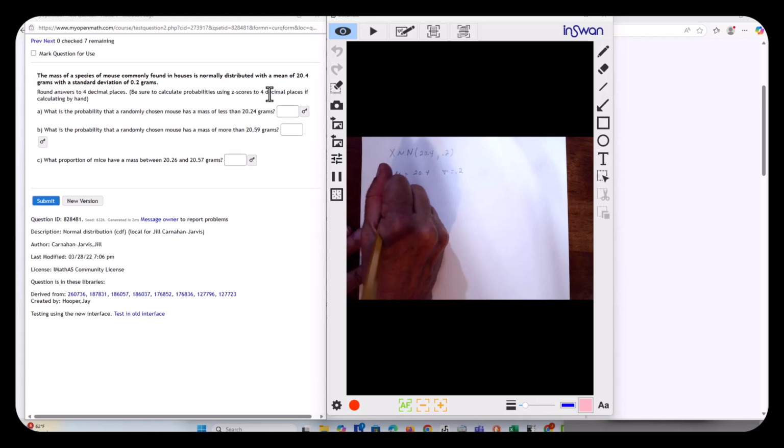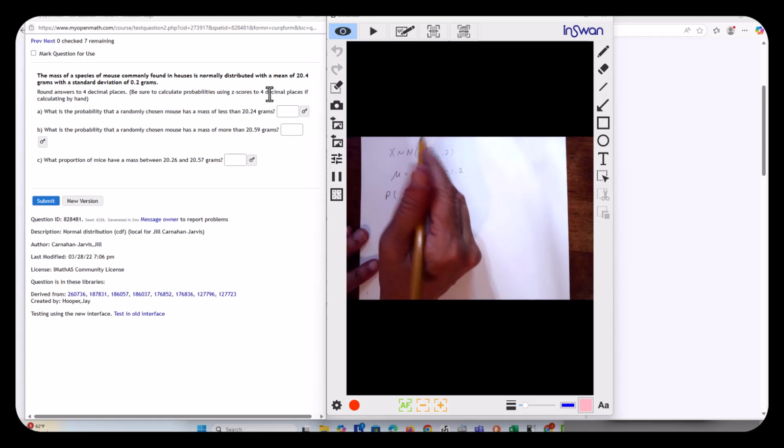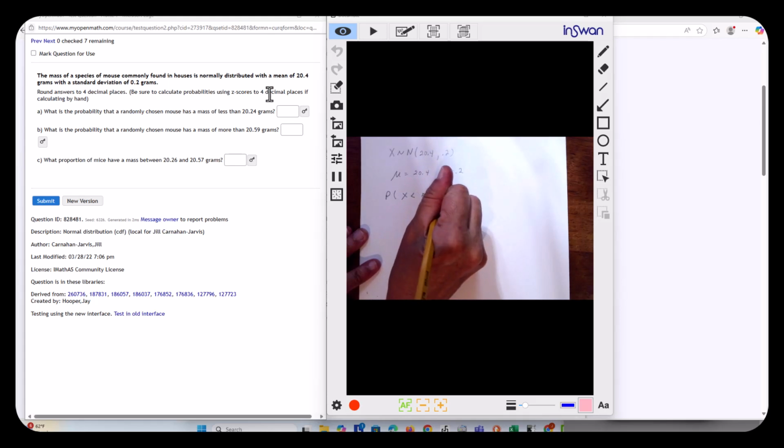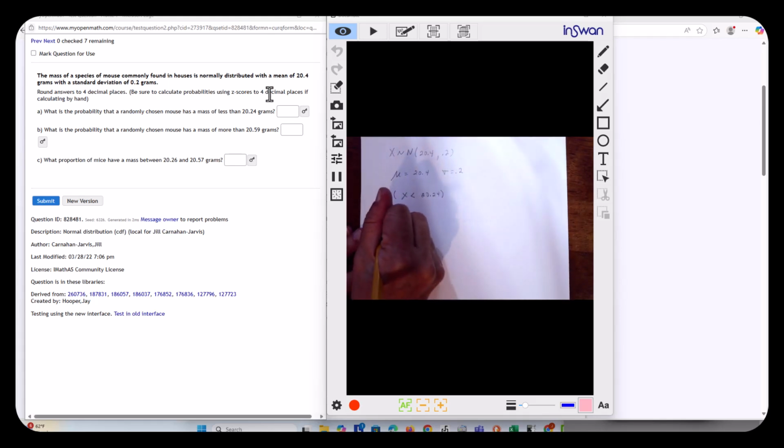So I want to find the probability that a randomly chosen mouse, and again this is talking about the mass, X, is going to be less than 20.24. Okay. So the first thing that I need to do is calculate the z-score.